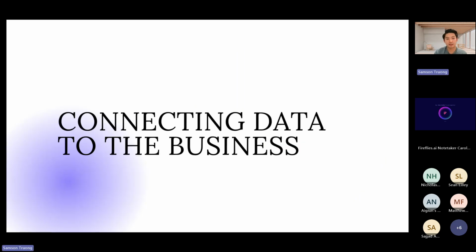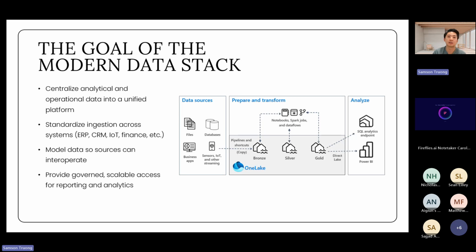So first, when it comes to connecting data to the business, I want to take a look at the goal of the modern data platform, the goal of the modern data stack. What a lot of organizations are trying to achieve is a single unified data platform where all of your data from multiple data sources, whether it be files, databases, applications, ERP, CRMs, is brought into one unified platform, using ETL tools such as notebooks, data flows, SQL jobs, or even pipelines to move that data into an enterprise data warehouse for consumption and for downstream applications.